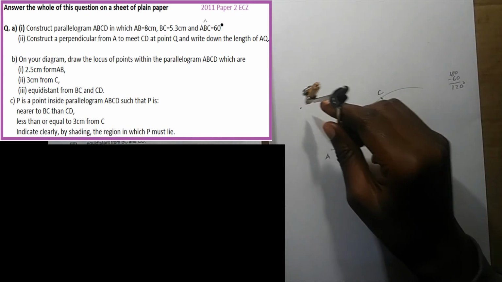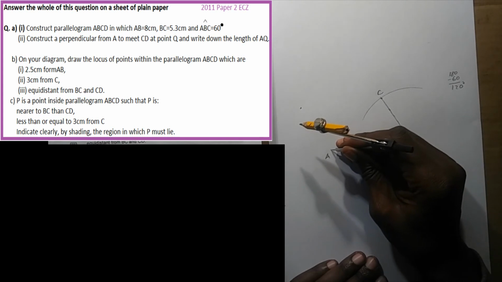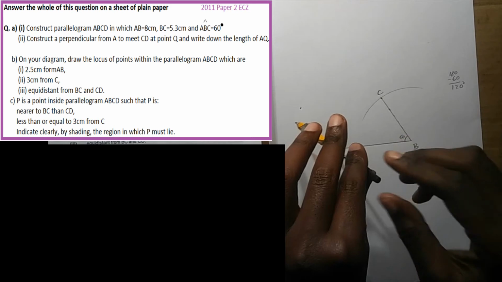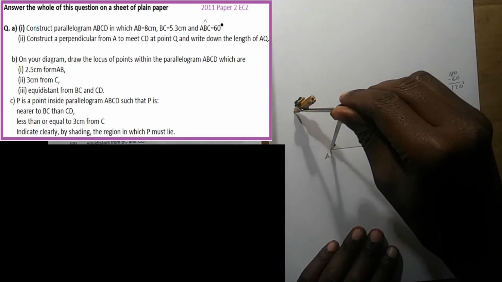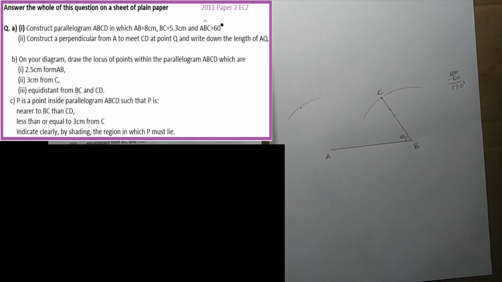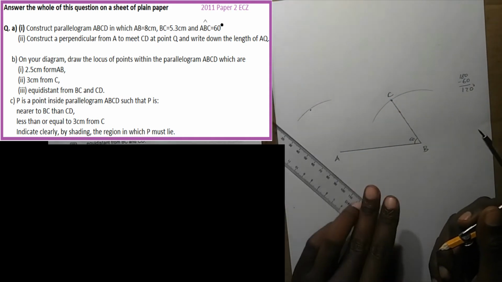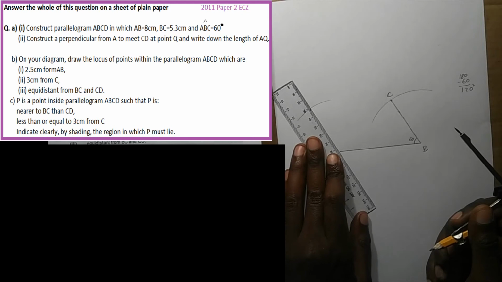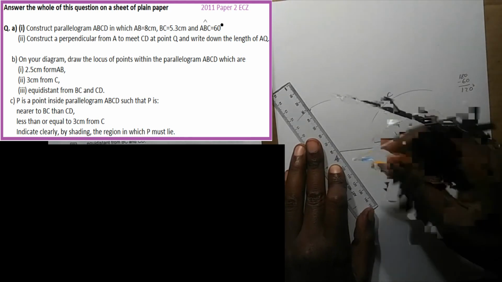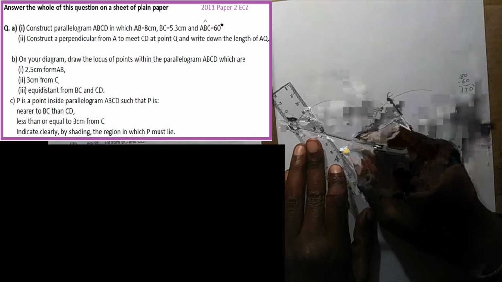So we marked a point here for 120 degrees. So we're going to put our compass here at A, and then strike an arc there where our mark is. And then we can connect now with our ruler from A all the way up to where the arc is.